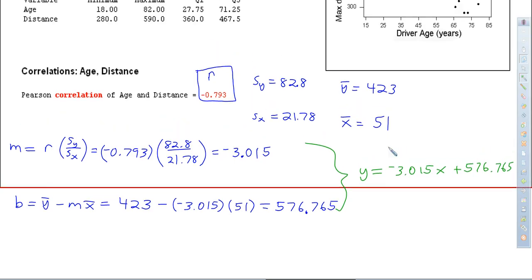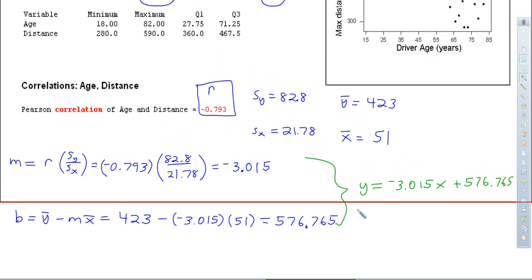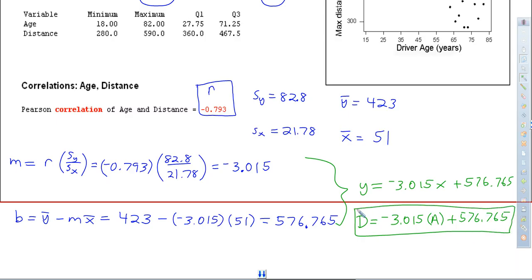And from our data above, y represents our distance. Distance equals negative 3.015 times x, the driver's age, plus 576.765. And notice how that looks pretty close to that equation on the previous page or two, right?